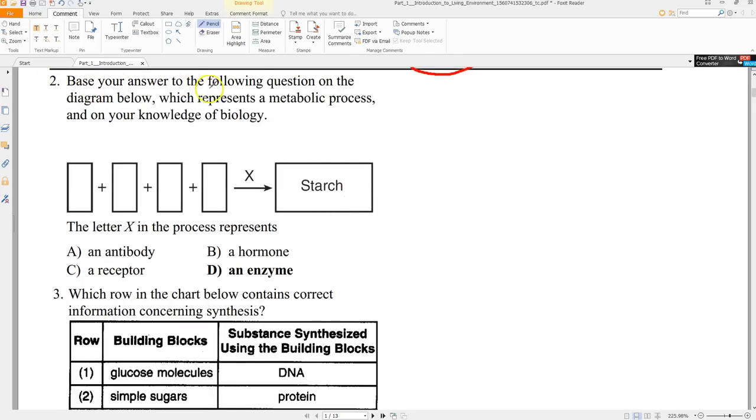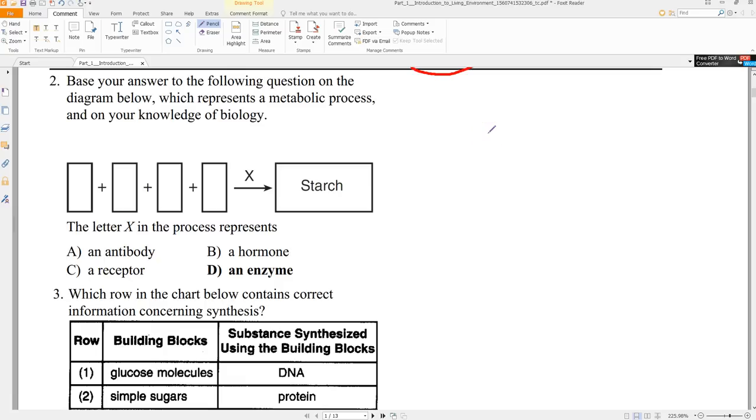Base your answer to the following question on the diagram below, which represents a metabolic process, and on your knowledge of biology. So here we definitely have some kind of equation. Chemistry is basically going to be all the equations, but here they simplify it. And they basically want to make sure you know about enzymes.